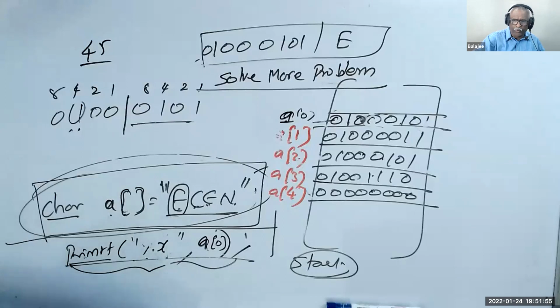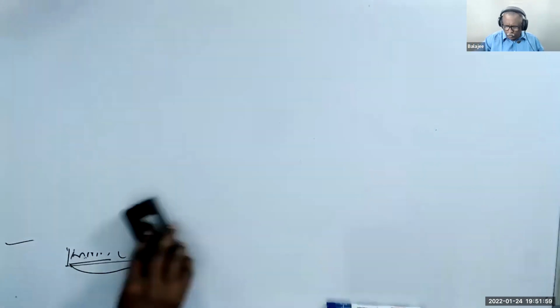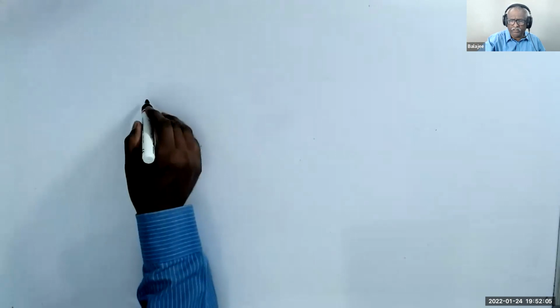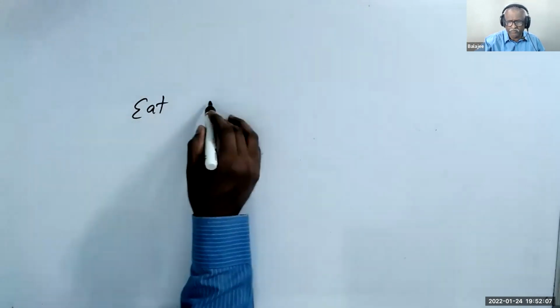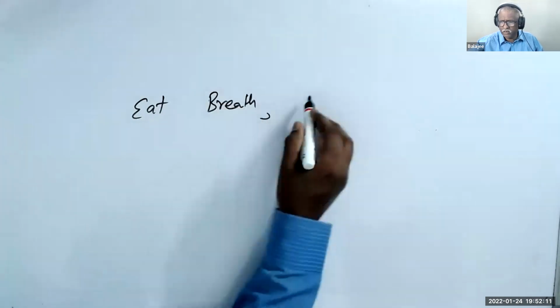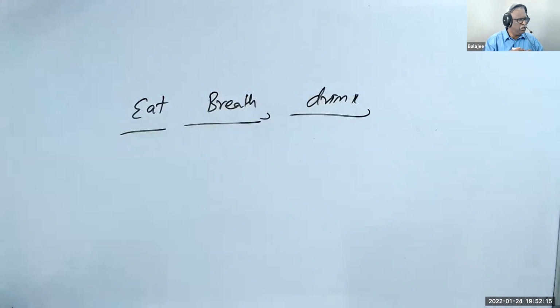And one more request I wanted to make to all of you. I've told you repeatedly the importance of C programming. Eat, breathe, drink: these are essential for us. Am I right?